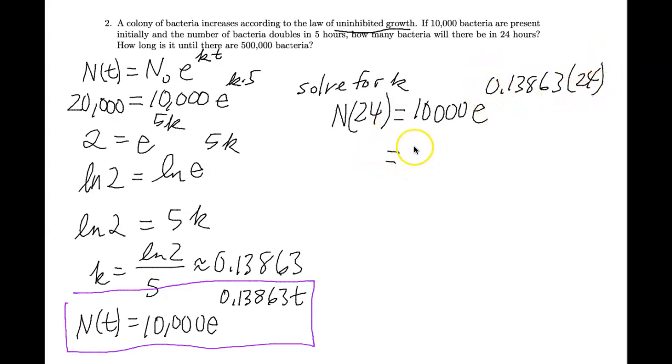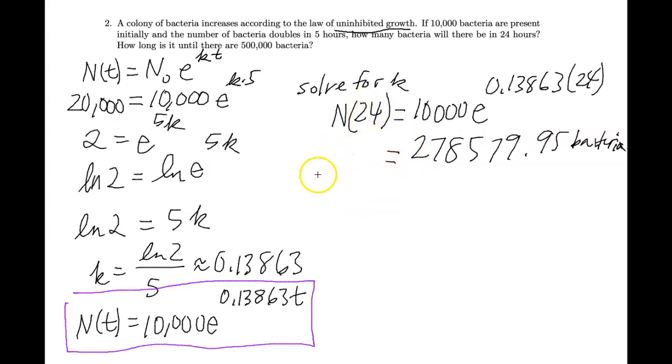So I'm going to get approximately 278,579.95 bacteria. That's how many bacteria there are going to be in 24 hours.